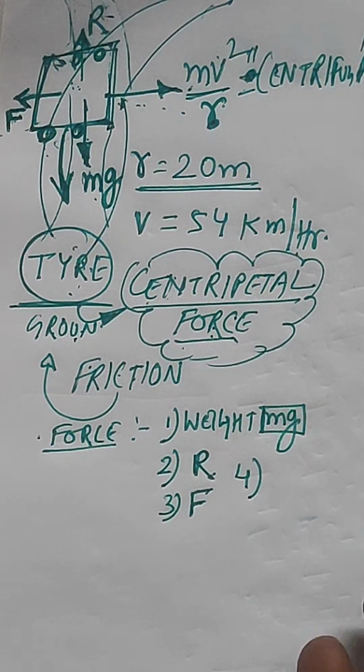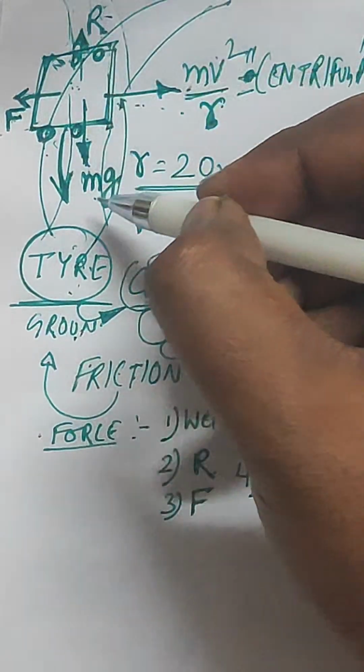So from here, let us say that there is no vertical motion, right? Then we can say R is equal to mg.